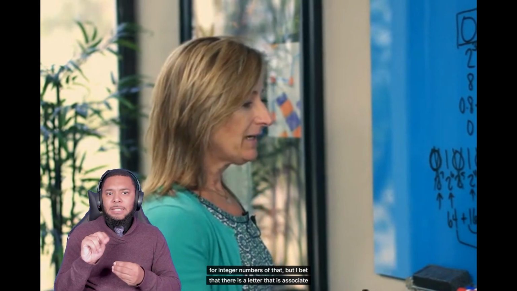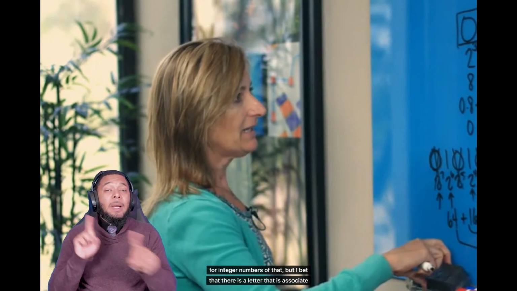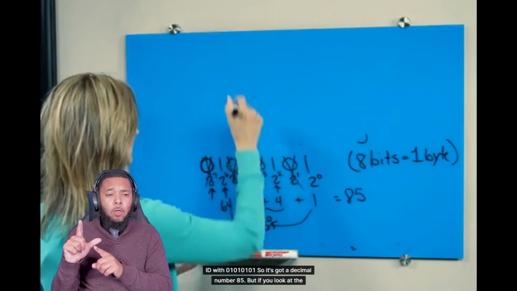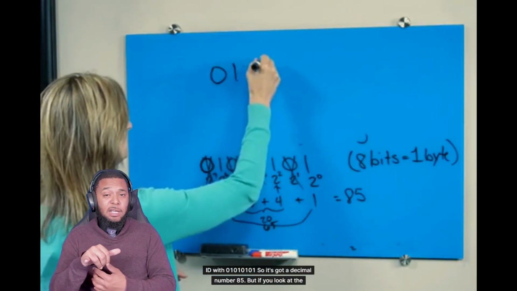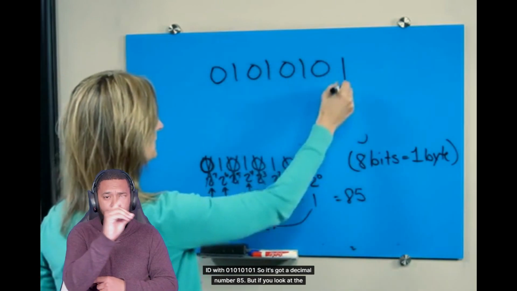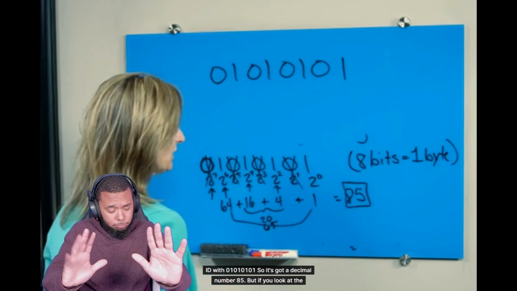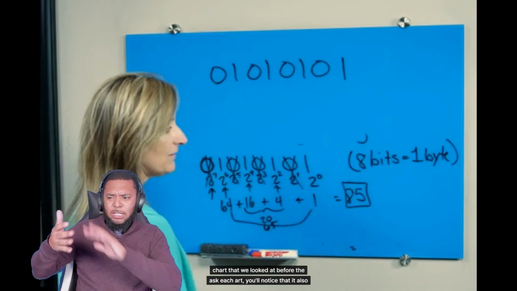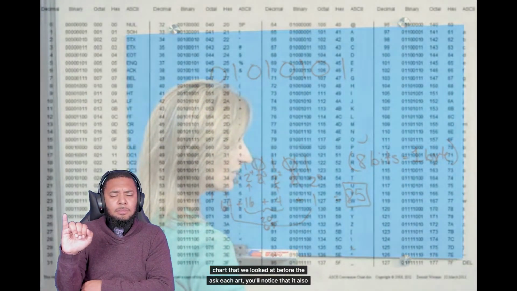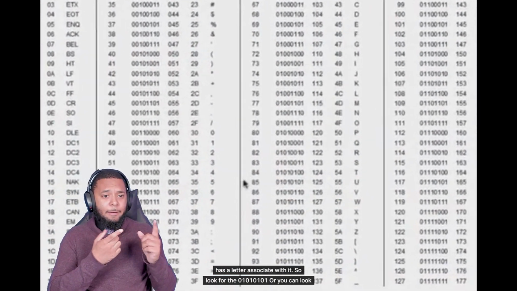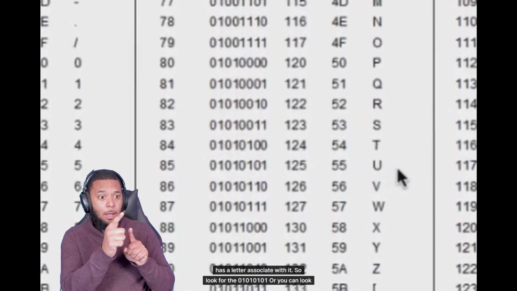But I bet that there is a letter that is associated with 01010101. So it's got a decimal number 85. But if you look at the chart that we looked at before, the ASCII chart, you'll notice that it also has a letter associated with it.